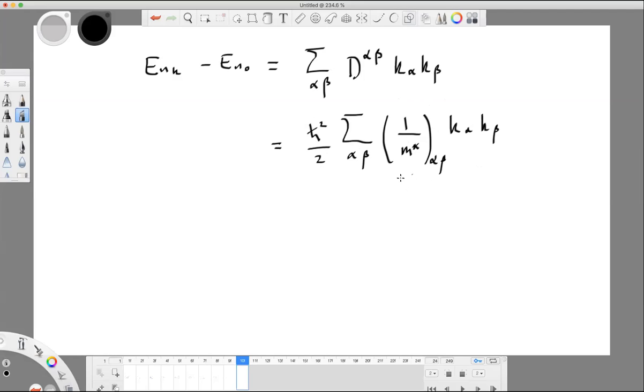So now we have a tensor which contains diagonal terms: this will be the 1,1, 2,2, 3,3 terms. Then we're going to have off-diagonal terms.